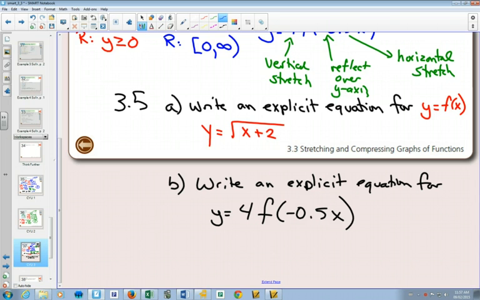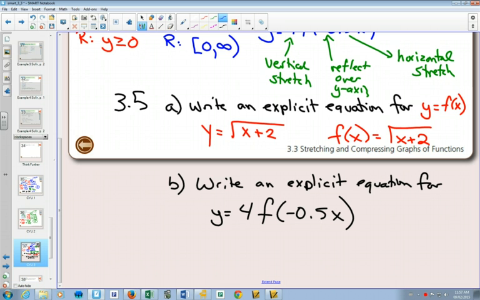Now, in part A, we had the explicit equation for y equals f of x. So that means that another way that we could write the red one, because y is equal to f of x, is f of x is the square root of x plus 2. And now we want to write an equation using what we know about functions for y equals 4f of negative 0.5 x. And that was our blue graph above.